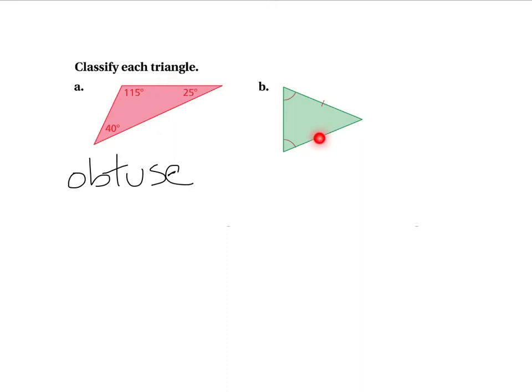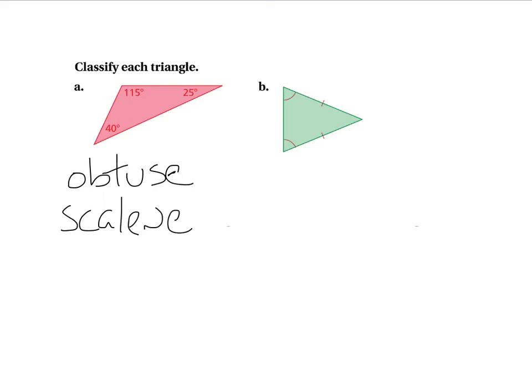If you jump ahead to B, these two markings here tell me that both of those sides are equal. We don't have any markings on A at all. So since I have no markings and we don't have any congruent sides, it's considered a scalene triangle. So what would this triangle be? It would be an obtuse scalene triangle.